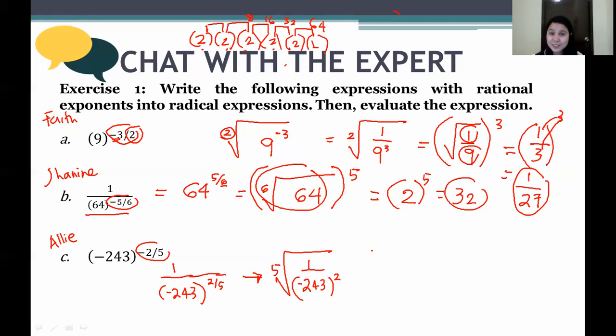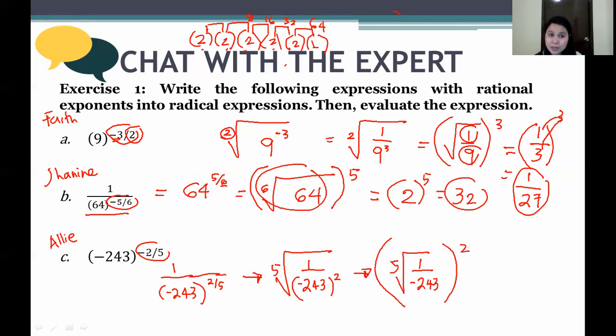Let's go to the last one. Ready? Okay. We write it first in the denominator to make it positive. The next one. Okay, we can also write it this way. The fifth root of 1 over negative 243, then square all.